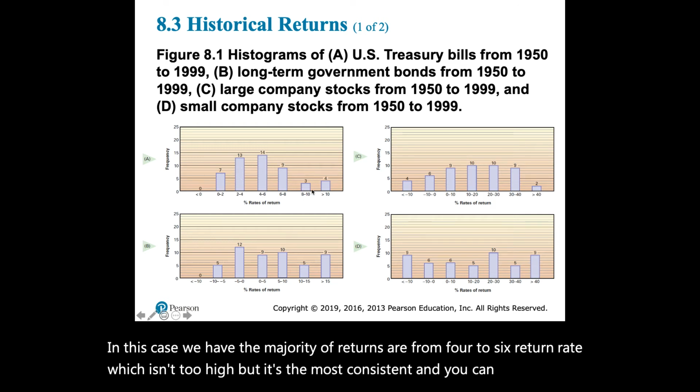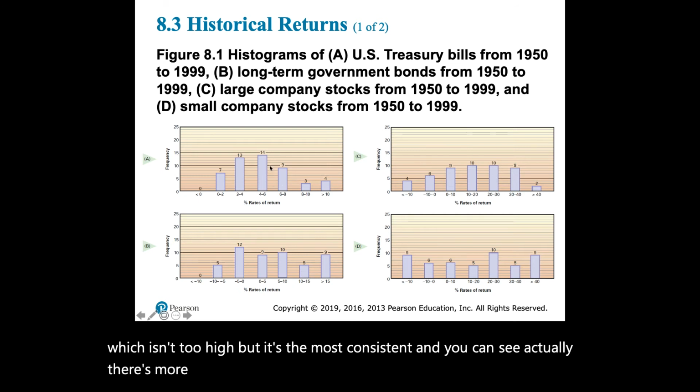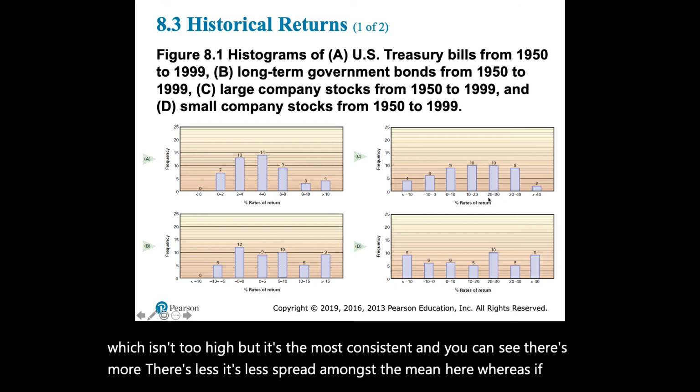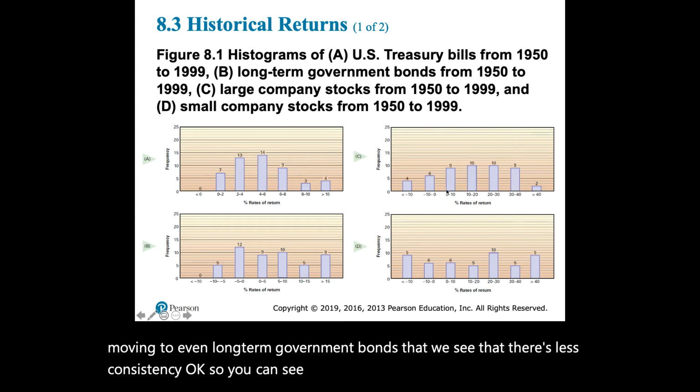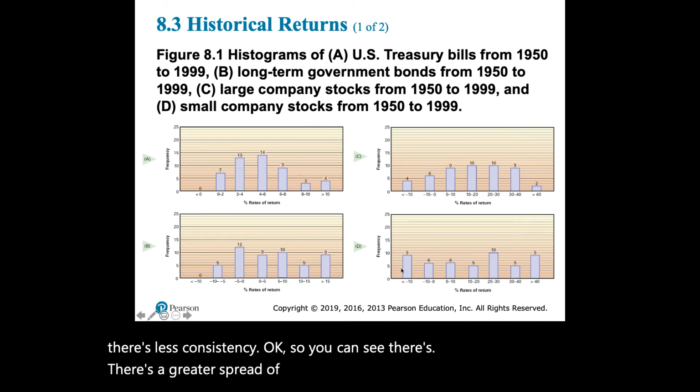Whereas when we keep on moving to long-term government bonds, we see that there's less consistency. You can see there's a greater spread of frequency, and certainly if you move down to small company stocks, you can see that the frequency is varied.